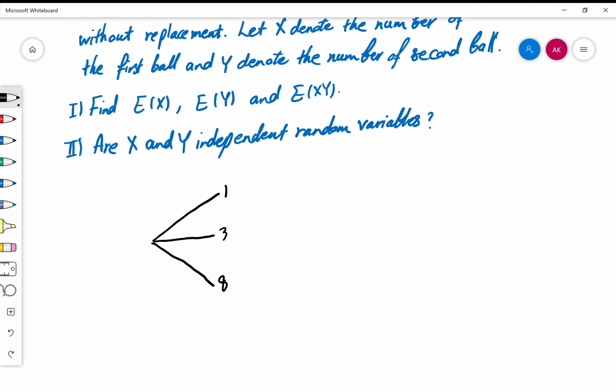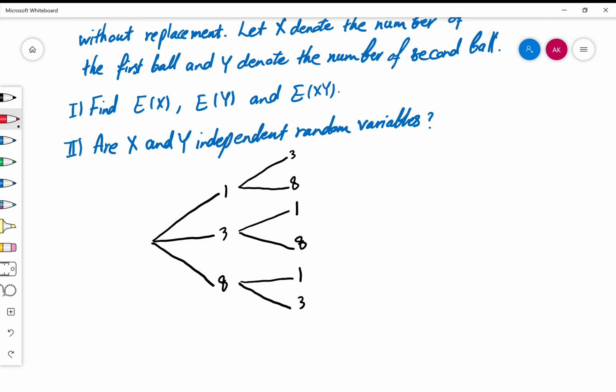Then you don't replace, so in the second draw you won't have any 1. It will be either 3 or 8. If 3 was drawn first, it will be either 1 or 8. And if you draw 8 first, then there will be only 1 and 3.